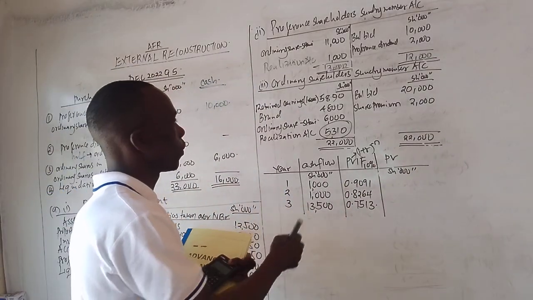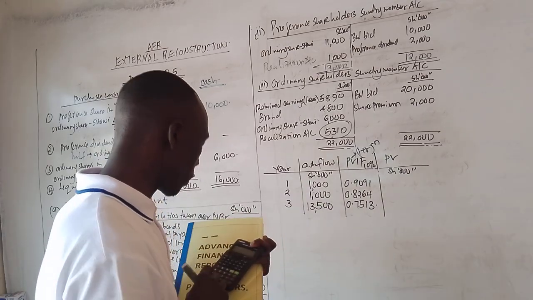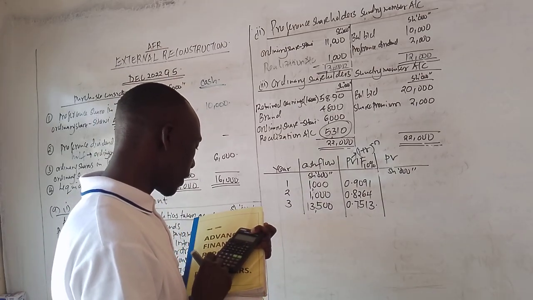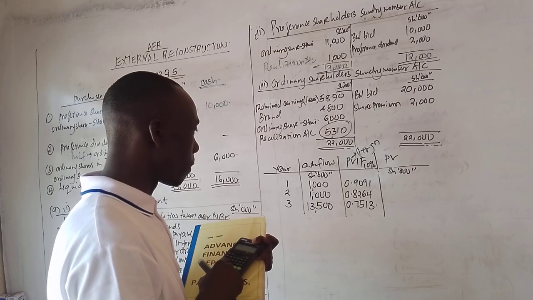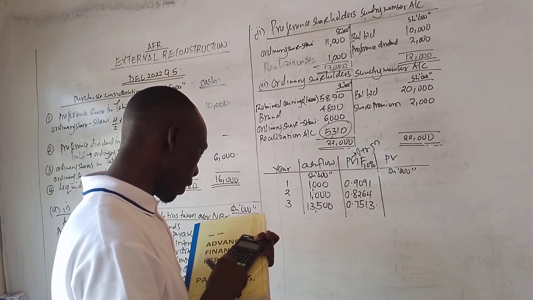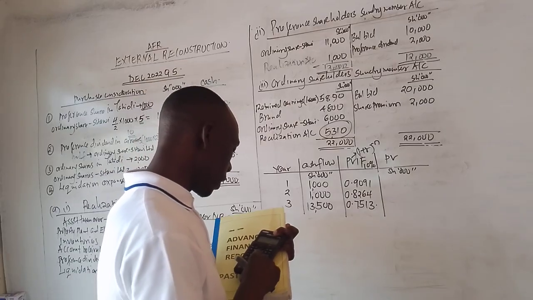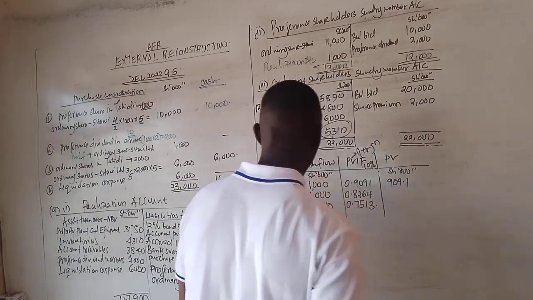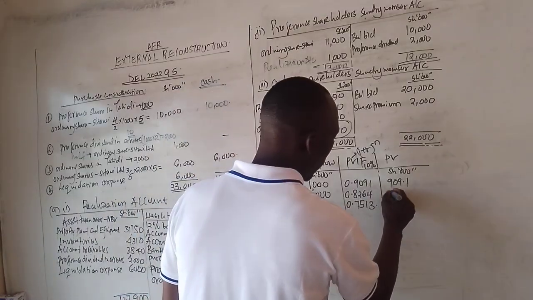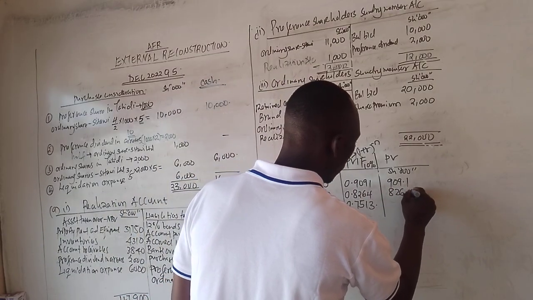Our present value in this case is going to be how much? It will be 1,000. Then you multiply by 0.9091. So the first case, we are going to have 909.1. The second case, we will have 826.4.